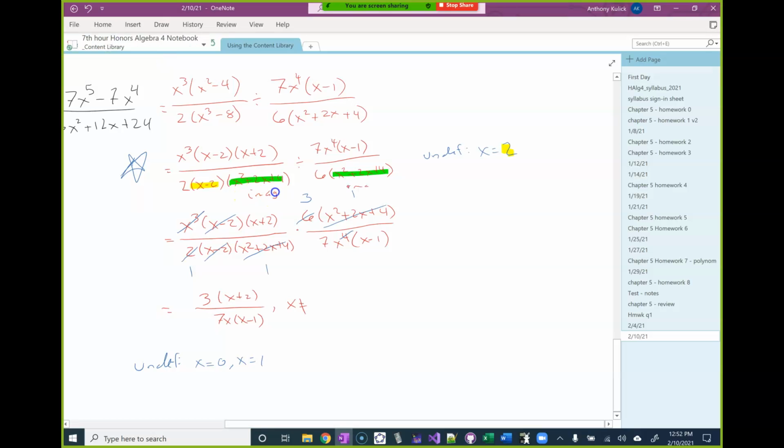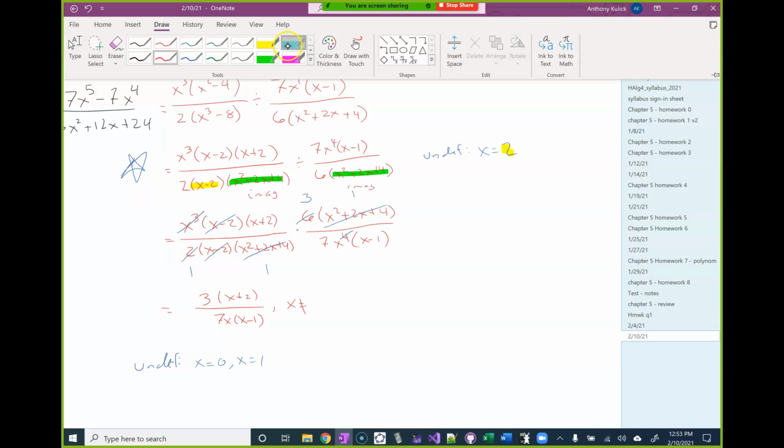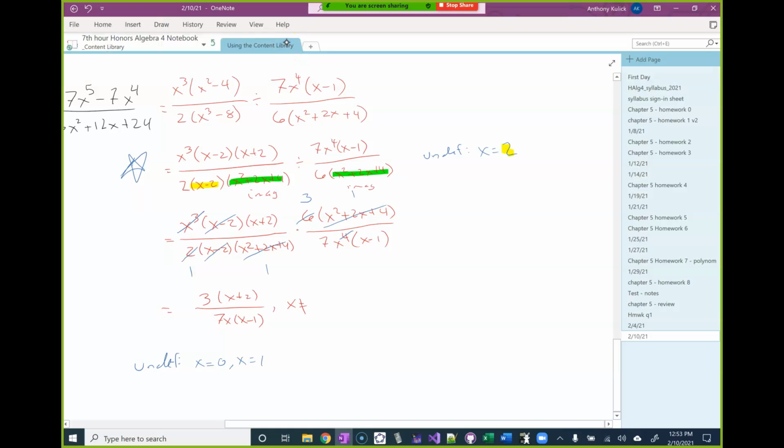So these guys give us imaginary pieces so that we don't care about them. Everybody's okay there? Now there's some other places that also create something that's undefined.